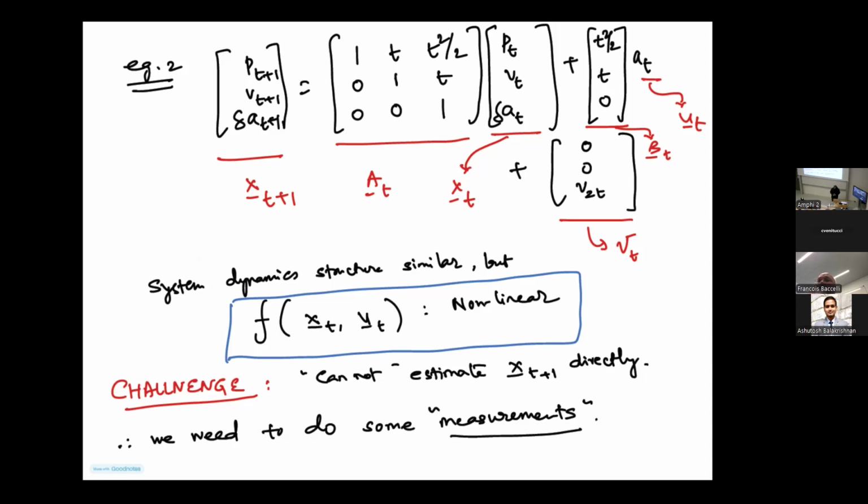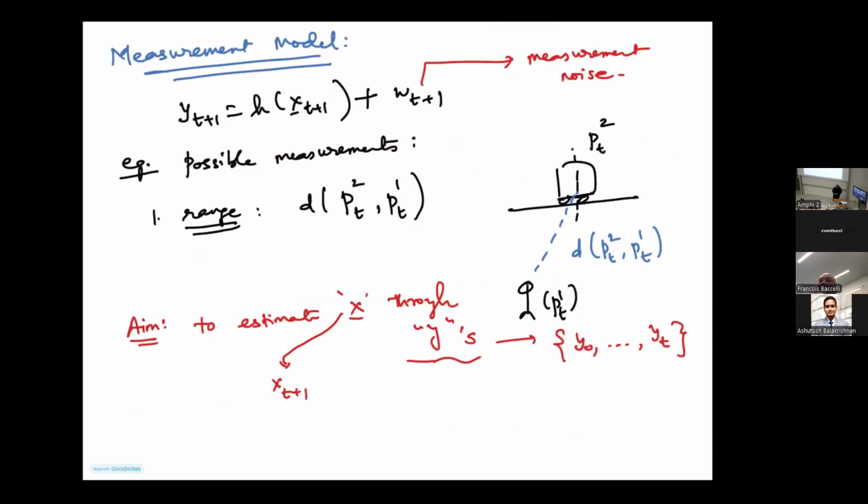Right. Now, we cannot directly estimate the vector x, which is a state vector. And so we need to do some measurements being an outside observer. And the idea is that the measurement y is a function of x. So we now have a function of x, that is h, and it is being influenced by another noise, which is the measurement noise. So first we discussed the motion model. Now we are discussing the measurement model.